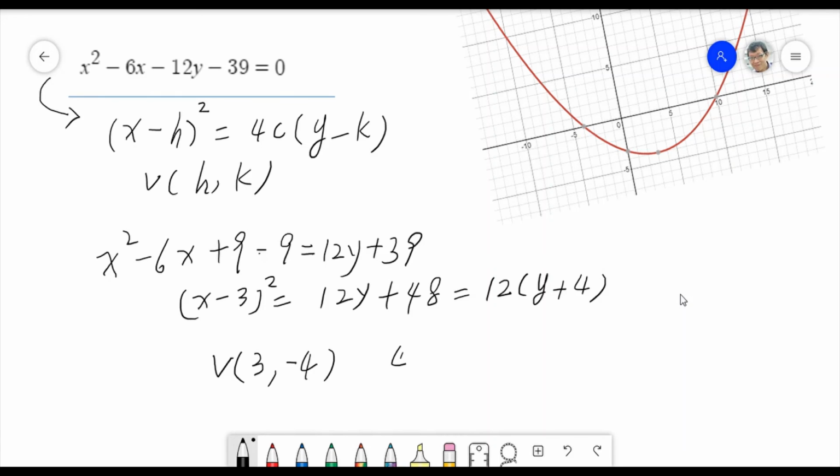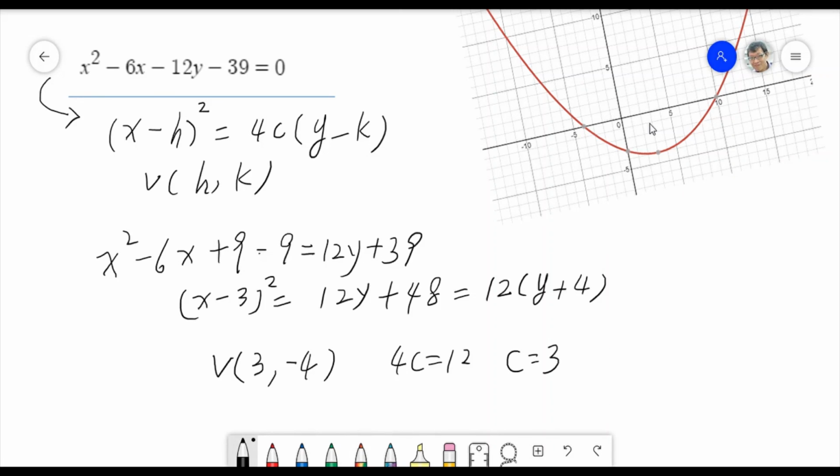Here 4c equals 12, so c equals 3, am I right? What does that mean? From the vertex, if we go down 3, 1, 2, 3, that will be the directrix. If we go up 3, that will be the focus.